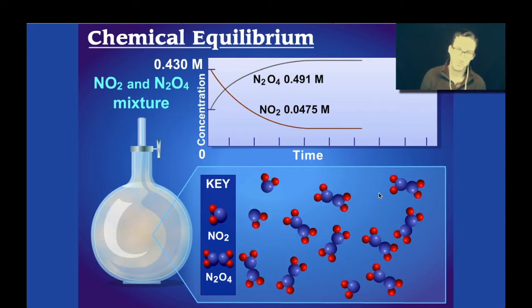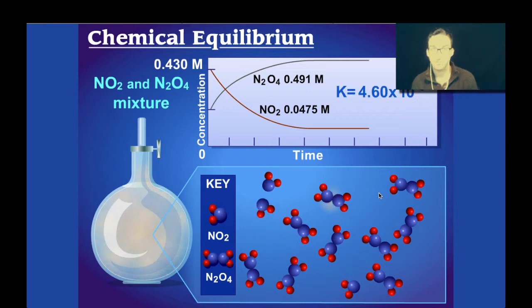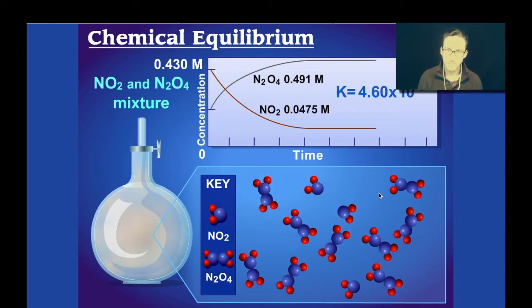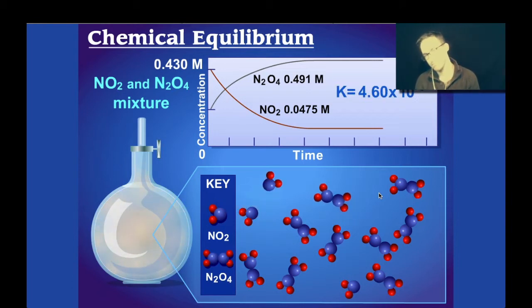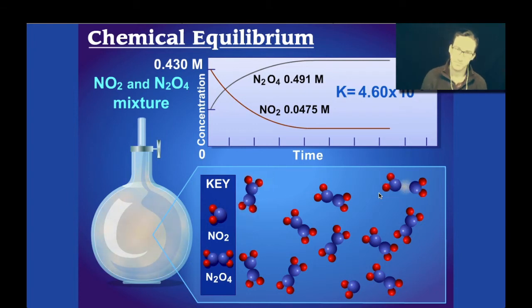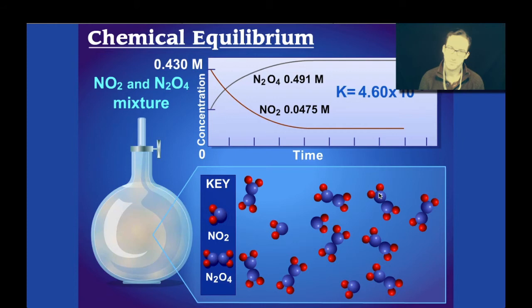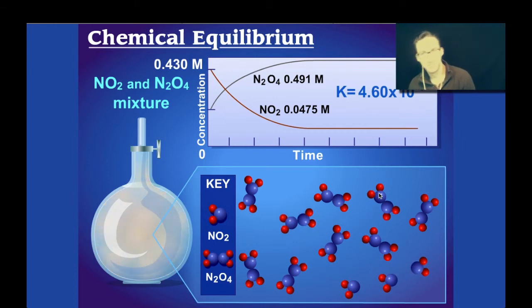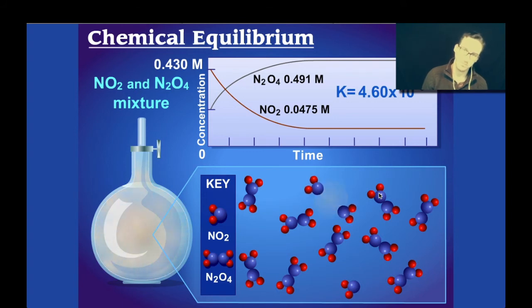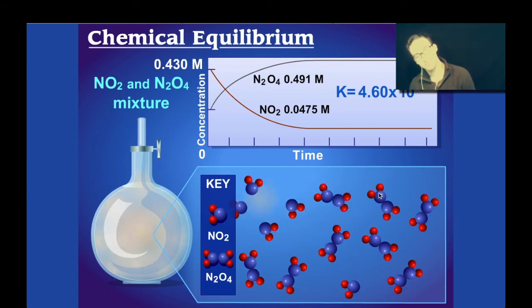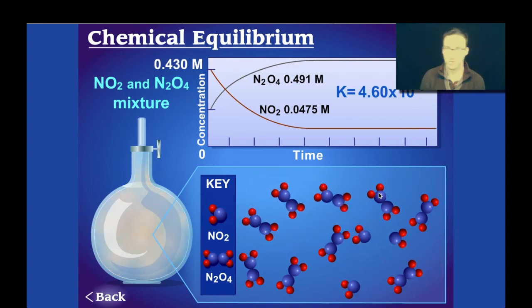Calculating the equilibrium constant, K, we find K equals 4.60 times 10 to the minus 3. Recall that when chemical equilibrium has been reached, the reaction has not ceased. At equilibrium, the rates of the forward and reverse reactions are equal, and thus the concentrations of reactants and products remain constant.